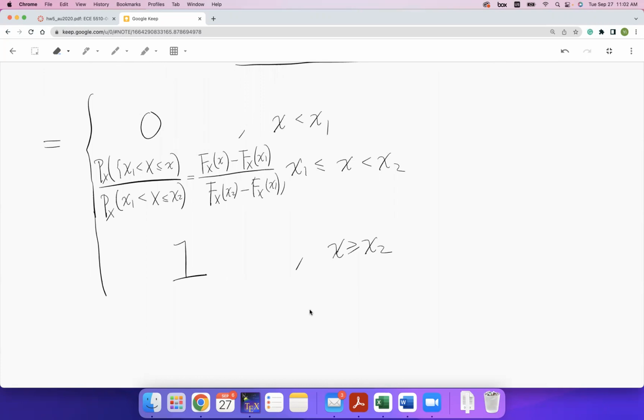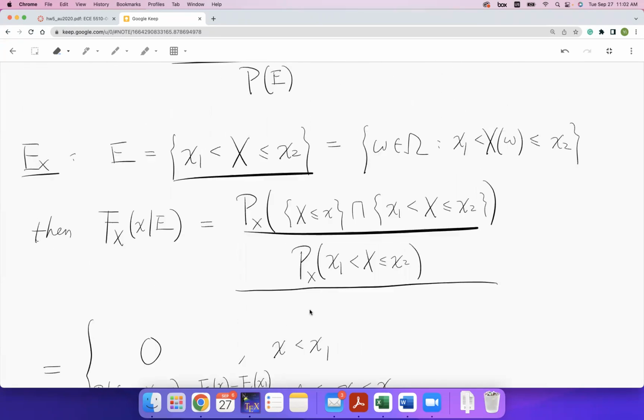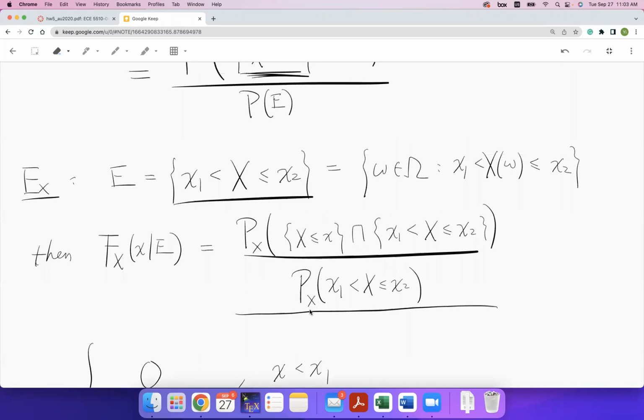Okay. So this is a very special conditional CDF when we condition on such a type of event. This event is defined by the set of all outcomes such that the corresponding random variable takes values between x1 and x2.